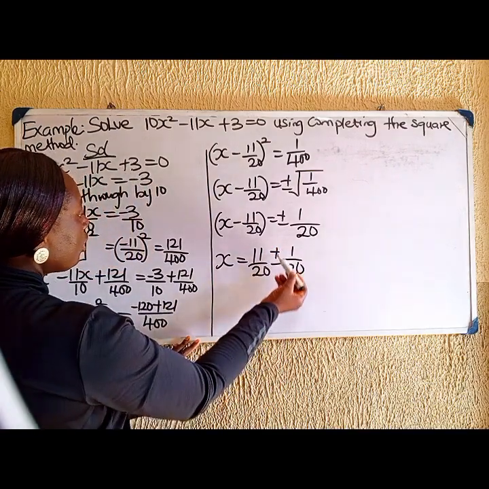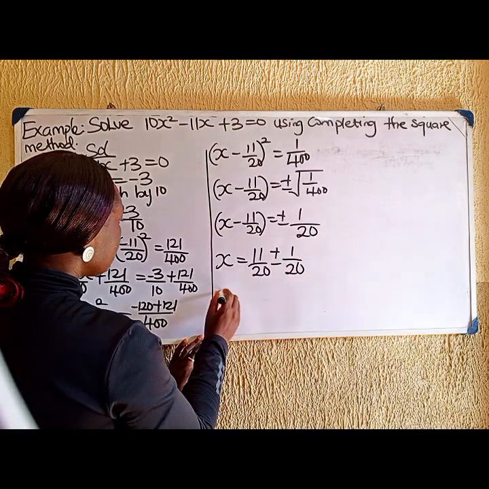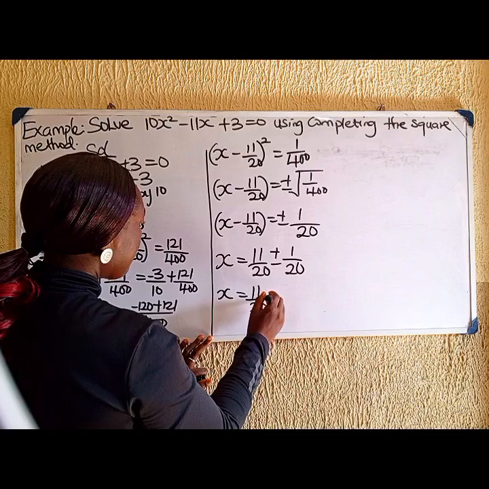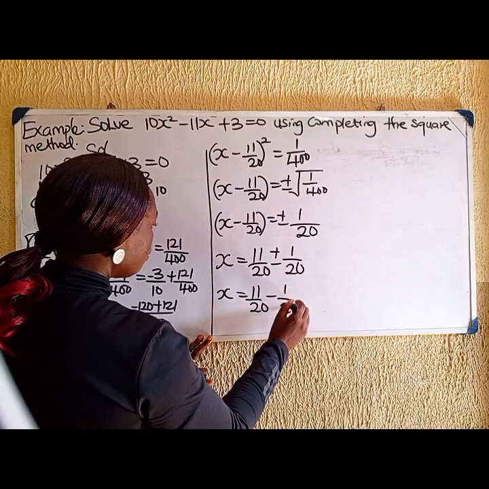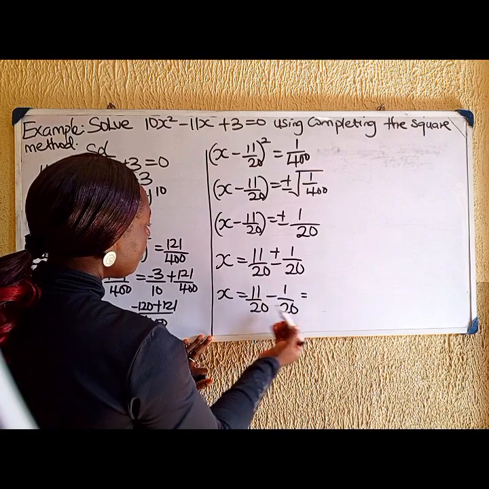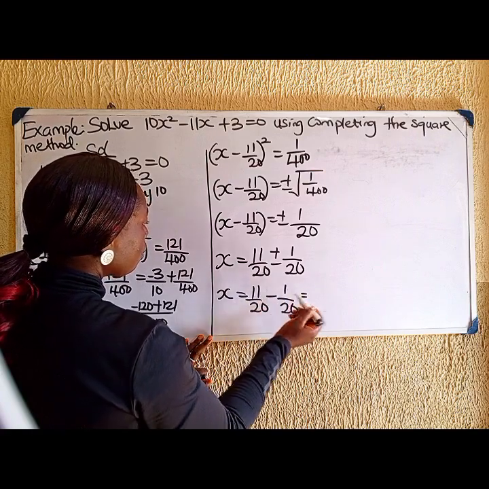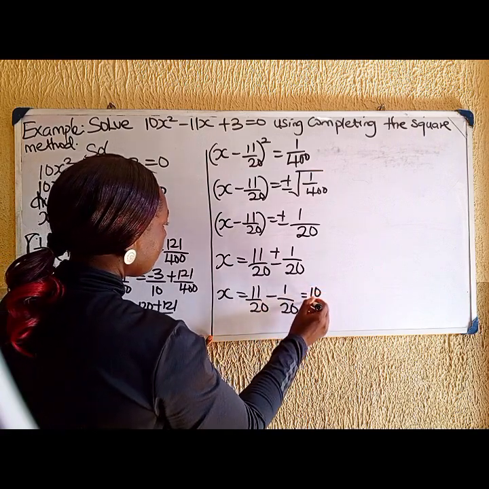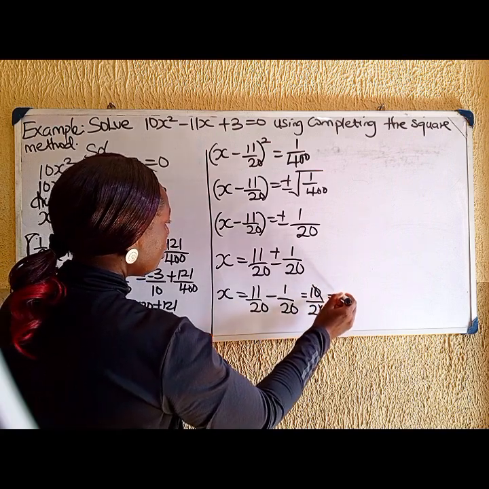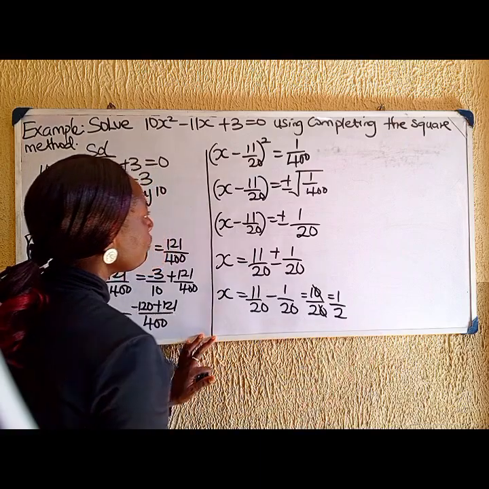I have two operations here. The first one is that x is equal to 11 over 20 minus 1 over 20, which is 11 minus 1 since they have the same denominator. 11 minus 1 is 10 over 20. Zero cancels zero, which is 1 over 2.